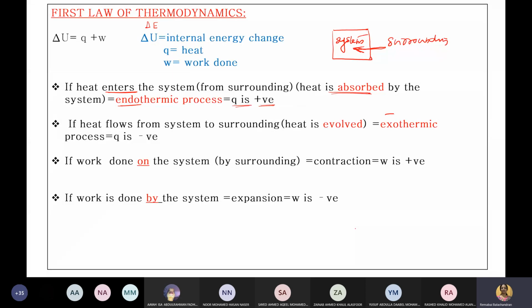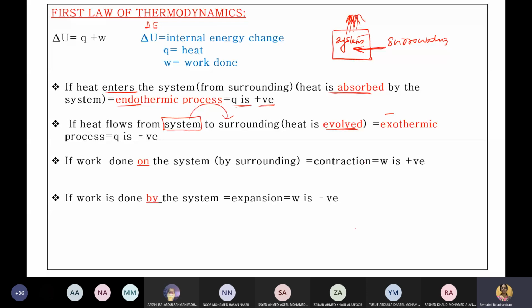Similarly, if heat flows out of the system, that means the system is losing heat, that means heat is evolved. Do you understand what I'm telling? Yes. Okay, so if it goes out of the system, from system to surrounding, the system is the one losing heat.